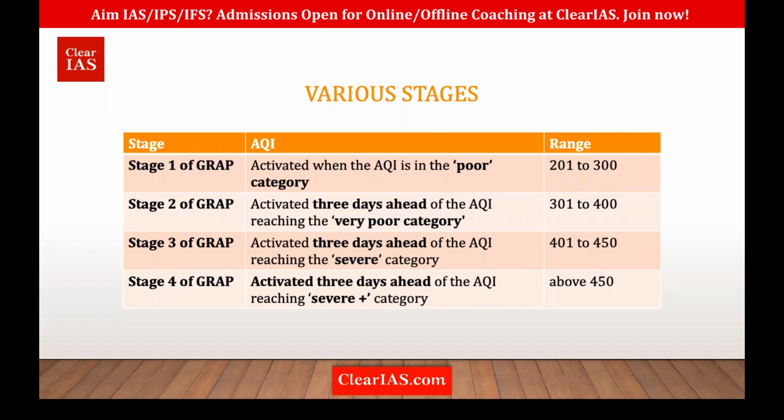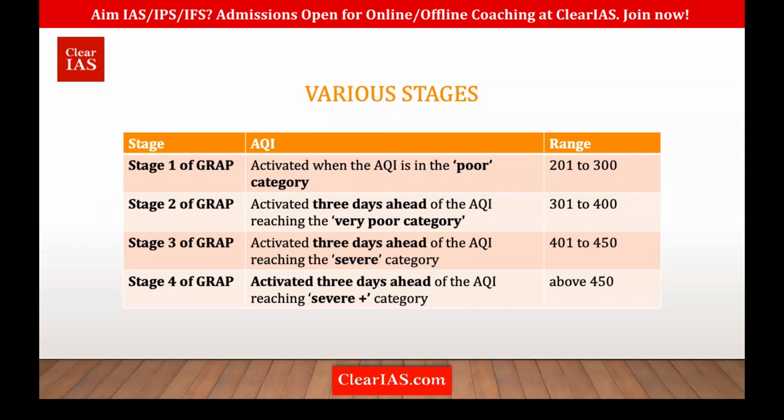It doesn't start on that day, but 3 days prior. Stage 3 is 3 days ahead of the severe category, 401 to 450. And stage 4 is launched 3 days prior to the severe plus category, that is above 450.